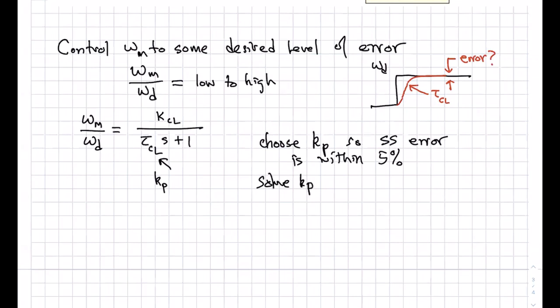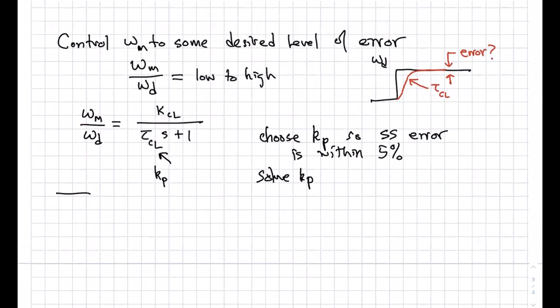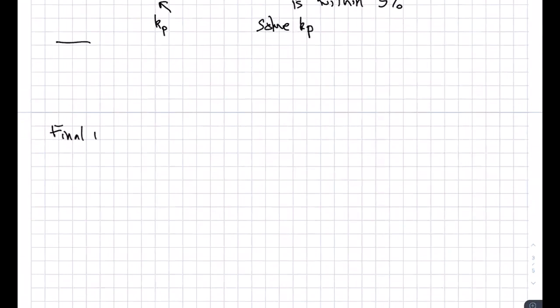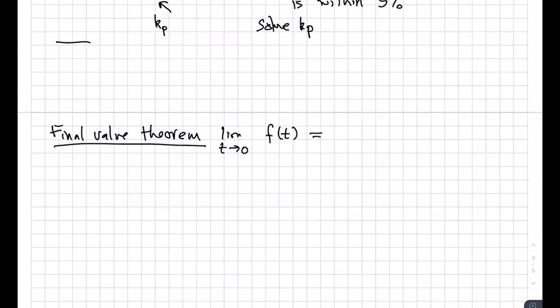And so what you can do is use what's called the final value theorem, right? Let me just, so the final value theorem says if I have some function f of t, if I take the limit as time goes to infinity, I can find that value if I know the value in the S domain, like in the Laplace transform, by multiplying that by S and taking the limit as S goes to 0, right?